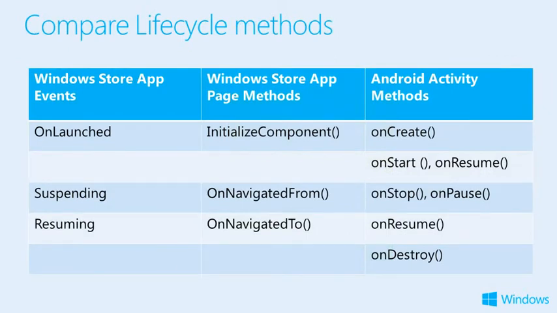As you may know, the Android application lifecycle is activity-based. In Windows Store apps, a page is similar to an activity in Android, so we can compare the lifecycle methods between them. When you launch an application in Android, you can use the onCreate method to initialize the components. The application then receives start and resume events, which allow you to load settings and private data.